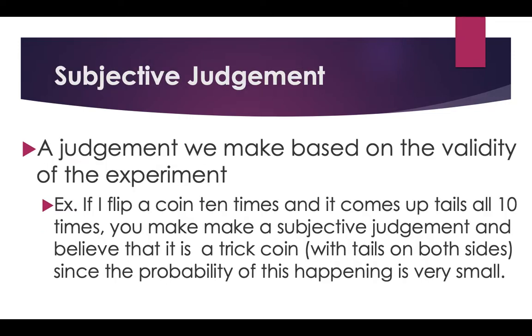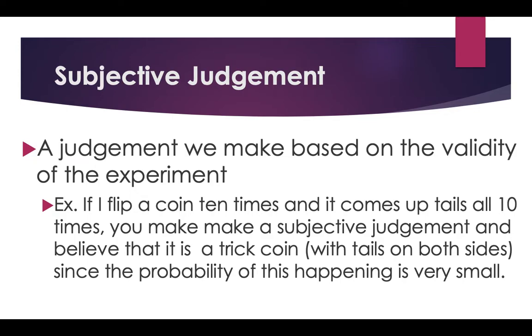But if you didn't do that, if we did the 10 coin flips, and let's say there is this freak chance that all 10 of them came up as tails, you could make what's called a subjective judgment about that. So basically you're looking at something and putting your own opinion onto it, kind of like how you feel about that. If I flipped a coin and 10 times in a row it was tails, you might think, okay, where did you get this coin?